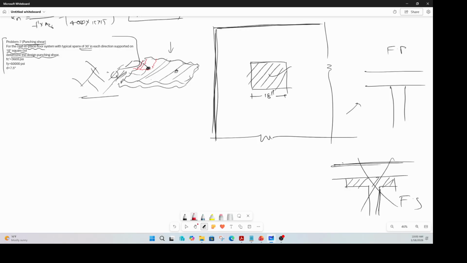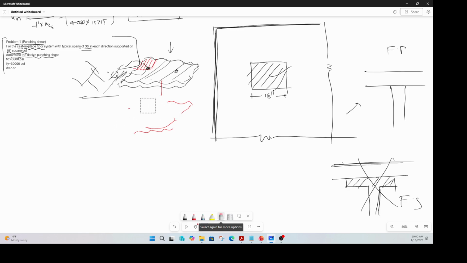Leaving this portion in your hand, everything else will fall down. So the portion which is like that is going to come out, leaving in your hand that particular portion.